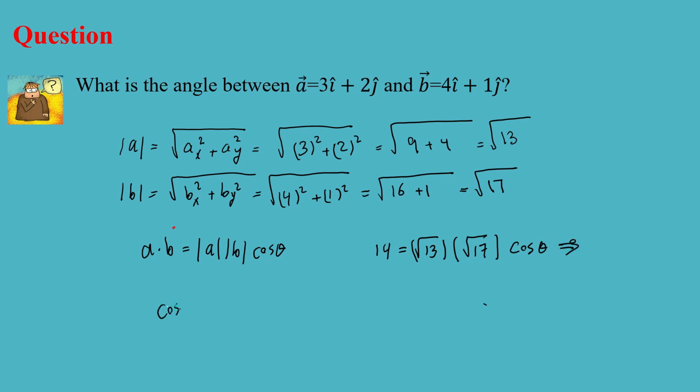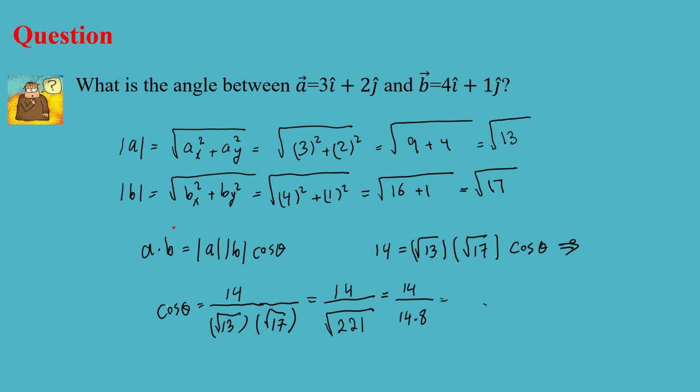So my cosine theta is going to be 14 divided by square root 13 times square root 17, and that is equal to 14 over square root of 221, which is 14 over 14.8, and that is equal to 0.94. So here I calculated cosine theta, right?